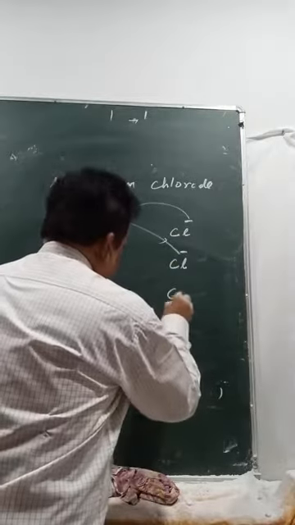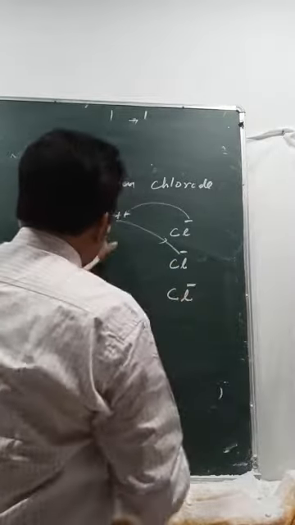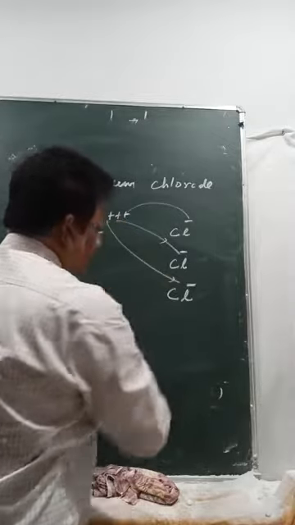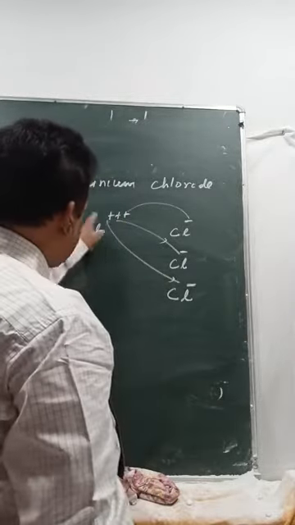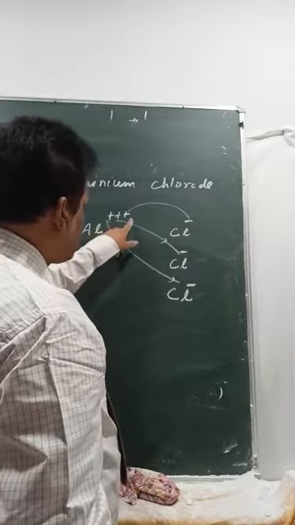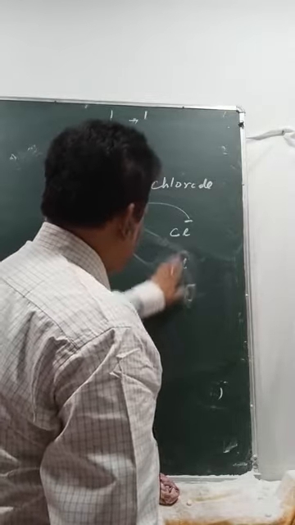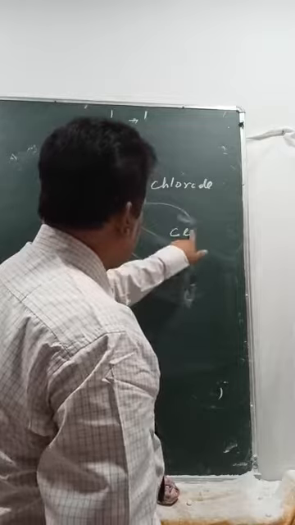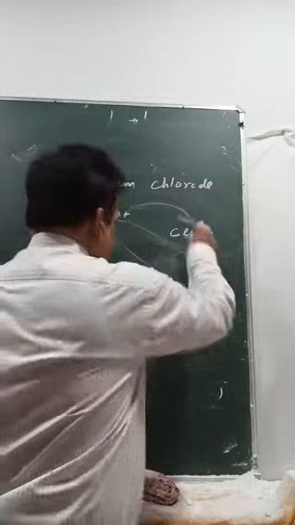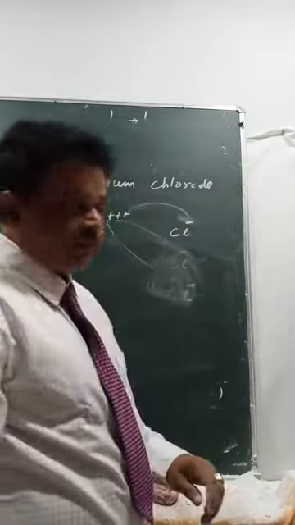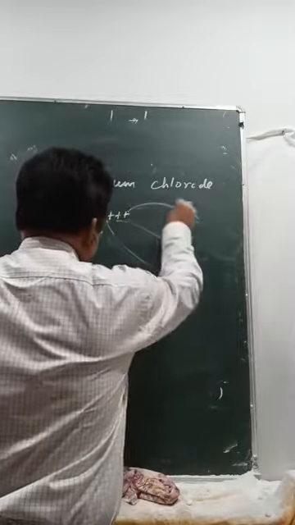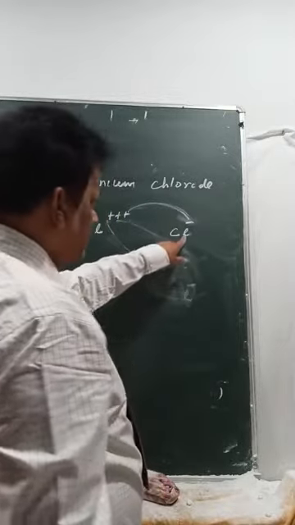Still you need 1 more chlorine again, so that this will be adjusted here, because it will donate 3 electrons where it has a capacity of receiving 1. So if it donates 1, this is neutralized.